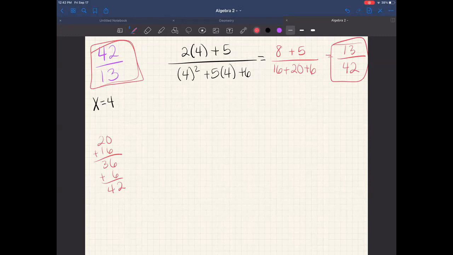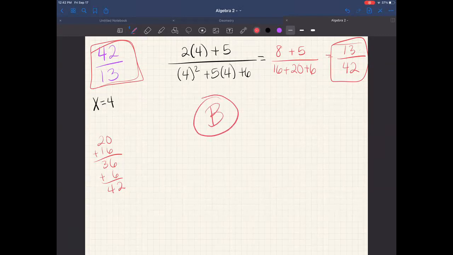Are they the exact same number? Are they? 42 over 13 is the same as 13 over 42? Well, no, they're like switched. Exactly, so they're not the same. So that means my answer is what? B. So B is my final answer.